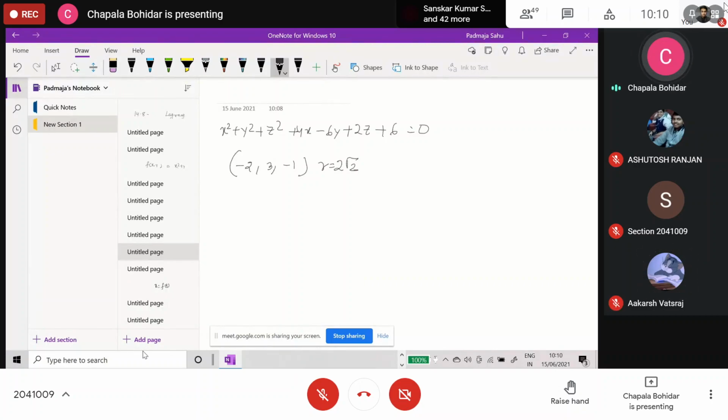Distance to the xy plane. Question number 10: find the distance from the point 3, 7, minus 5 to the xy plane. Ma'am, can you repeat the point? Yes, I'm writing here: 3, 7, minus 5, to the xy plane.